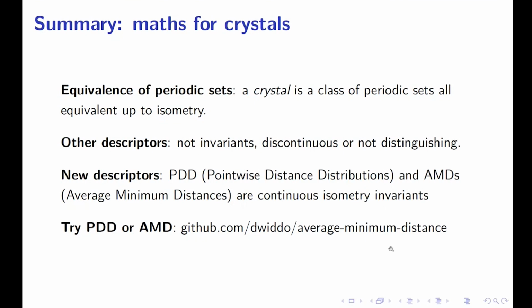So with regards to Patterson functions, we're confident that ours are a stronger identifier of a crystal. But in terms of using it for pre-processing or for comparisons, I'm not sure, because I've never played with them myself. So it could be interesting, certainly.